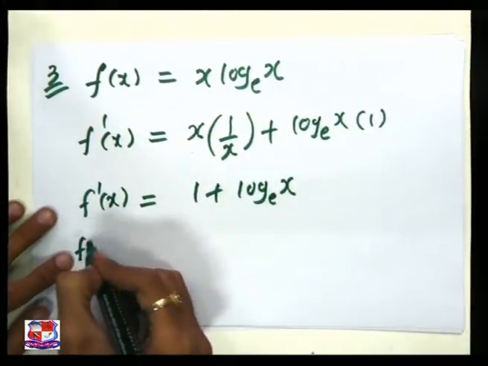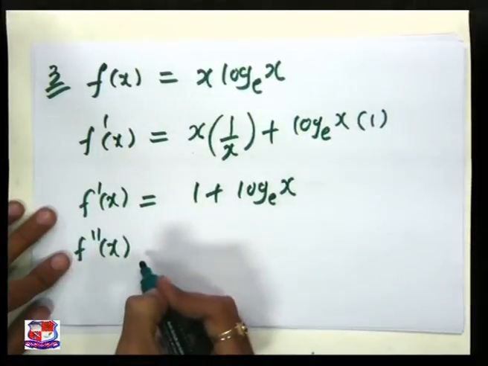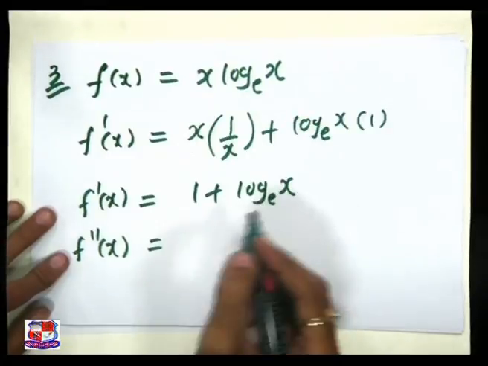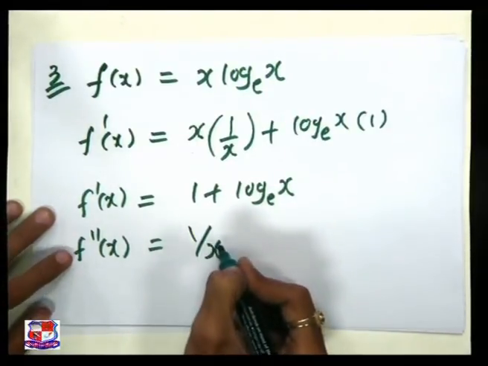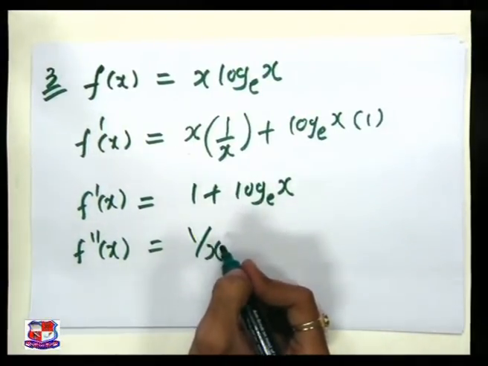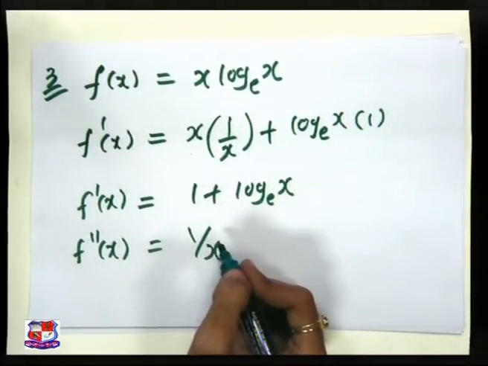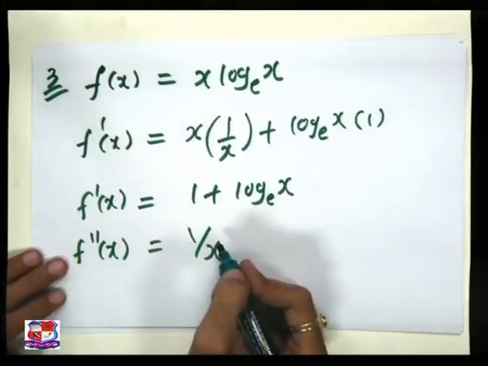Again f double dash x, that is equal to differentiation of 1, that is 0, and differentiation of log x, that is equal to 1 upon x. So this is the value of f x and f dash x and f double dash x.